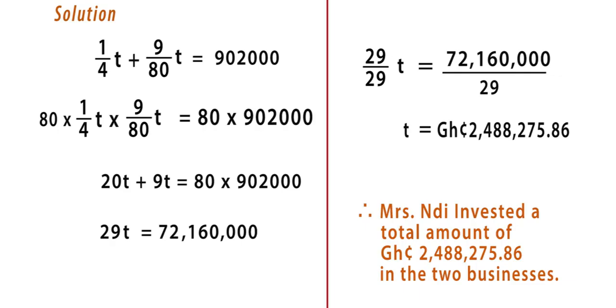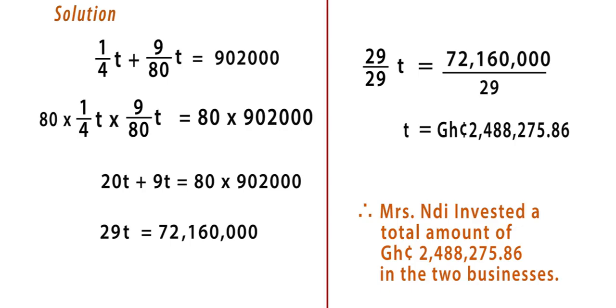So we can conclude by saying that Mrs. Indy invested a total amount of 2,488,275 Ghana cedis, 86 Ghana pesos in the two businesses.